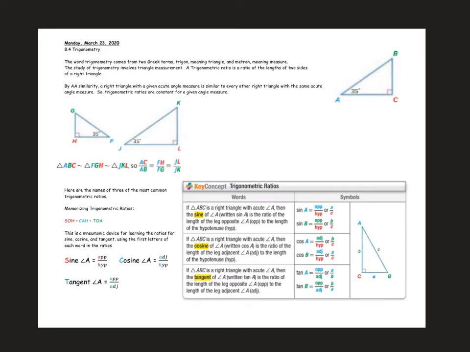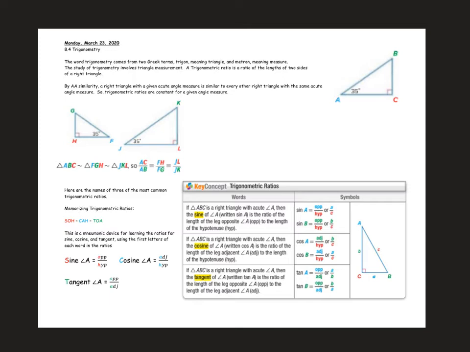And lastly, we get the tangent ratio, and we call that TAN. The tangent of angle A is the opposite side, BC, over the adjacent. Tangent is opposite over adjacent. The adjacent side to angle A is AC.